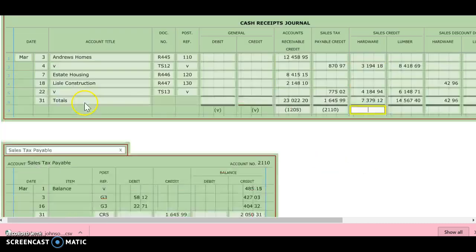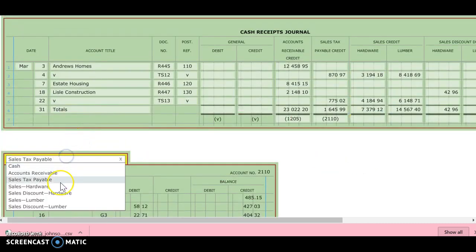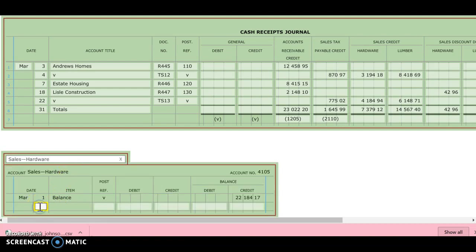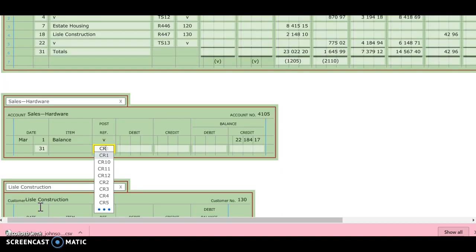Next, I'm going to go to my sales credit hardware. So sales hardware. Date is the 31st, CR5. I'm going to credit that account for $7,379.12. I'm going to find my new balance.